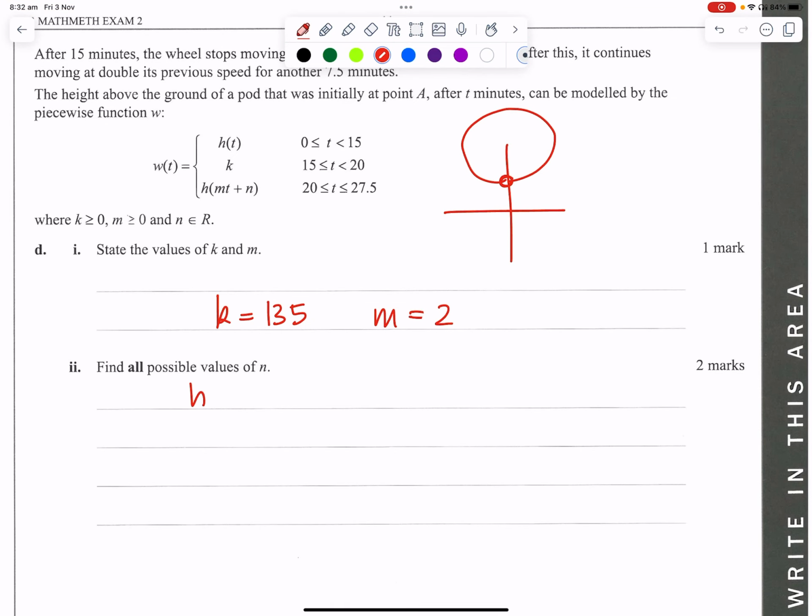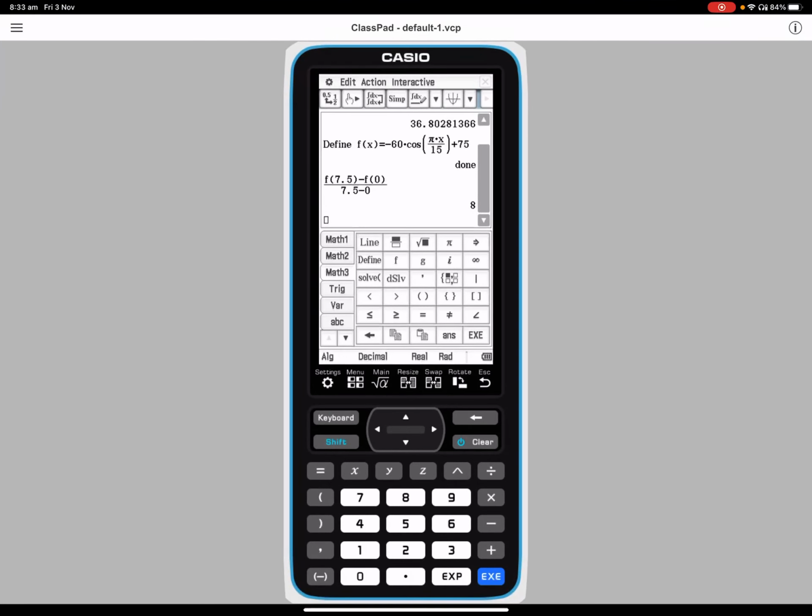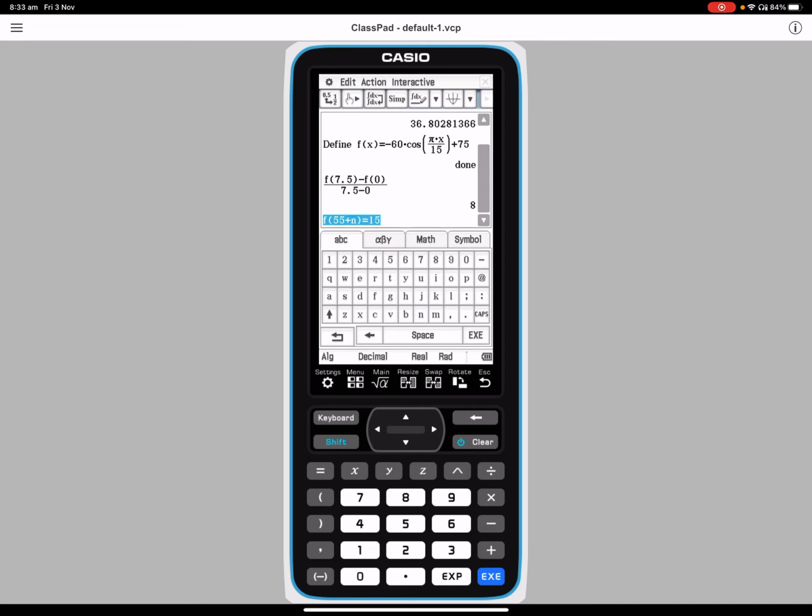So we know h of 2 times 27.5 plus n has to equal 15. So we should be able to solve this in our calculator. We can say f of 55 plus n equals 15. Solve for n.